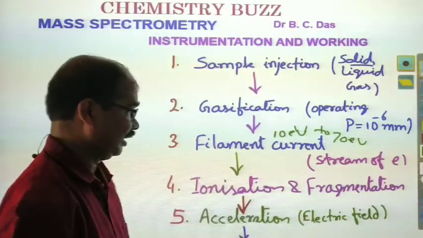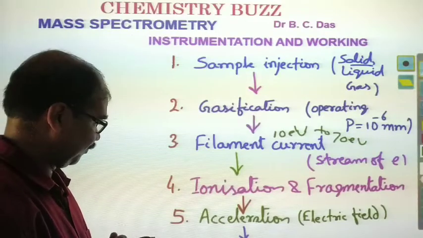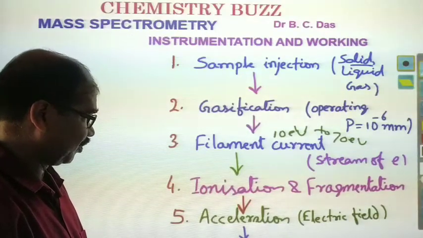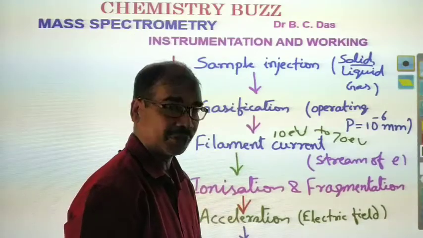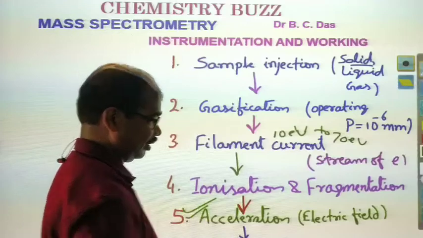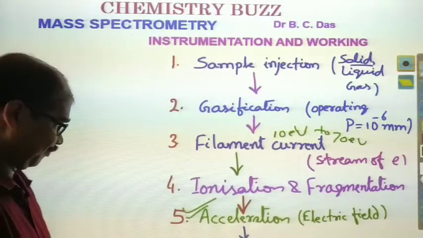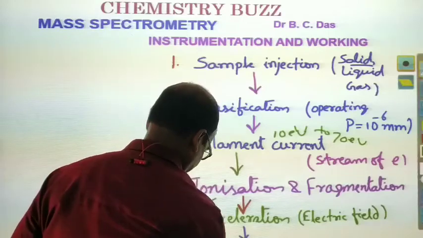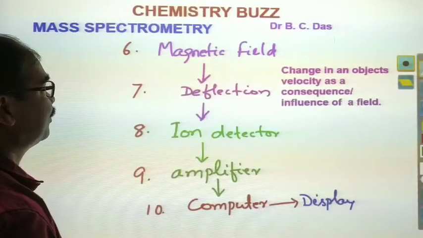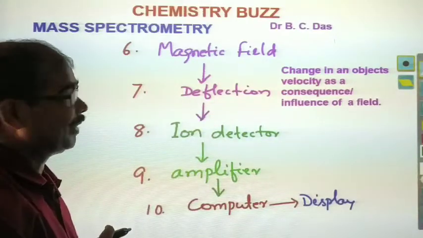This leads to the ionization and the fragmentation of the substance injected, and subsequently it is accelerated through the electric field. Then in the next step, it is subjected to the magnetic field.